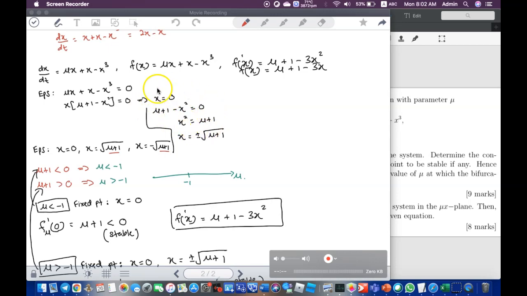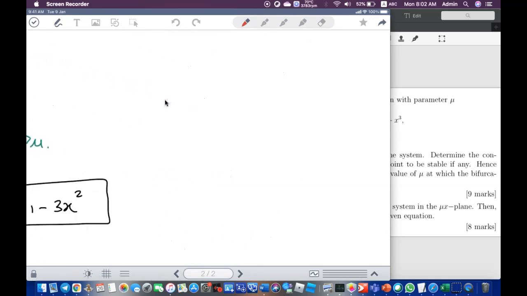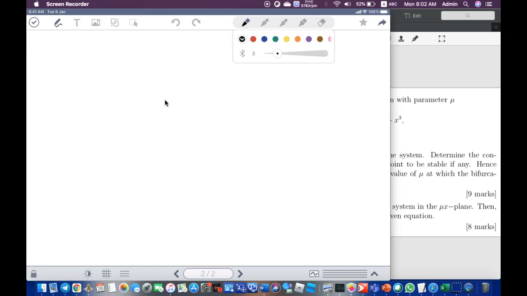So look at this equation. You have to have x equal to 0, and you have to have this one. Okay, so now we sketch the diagram.